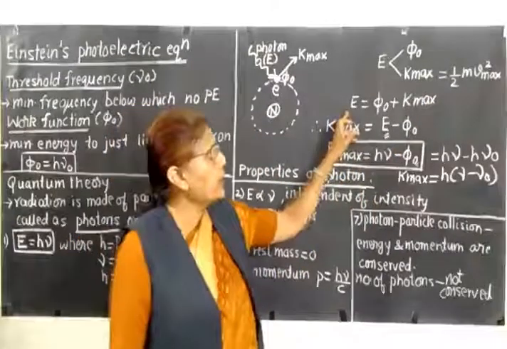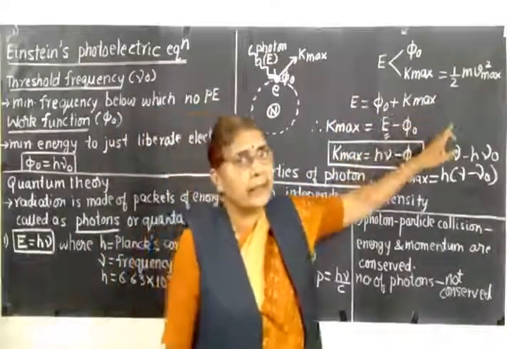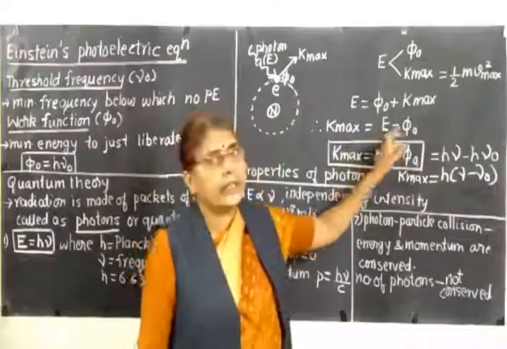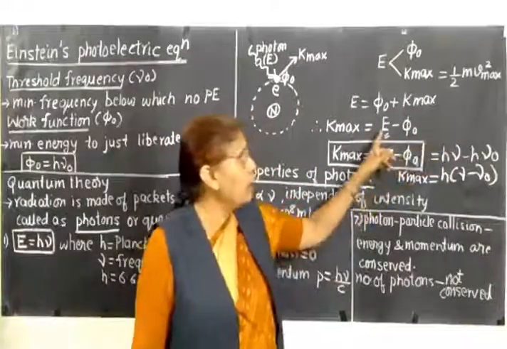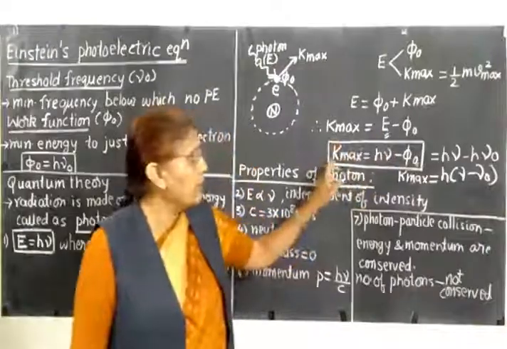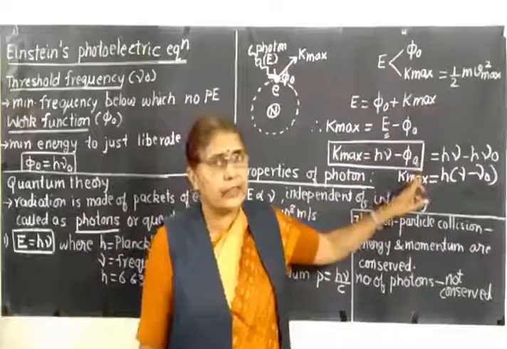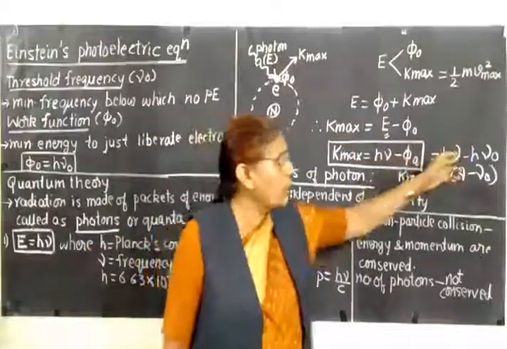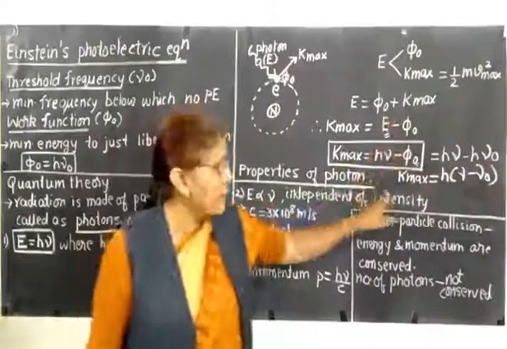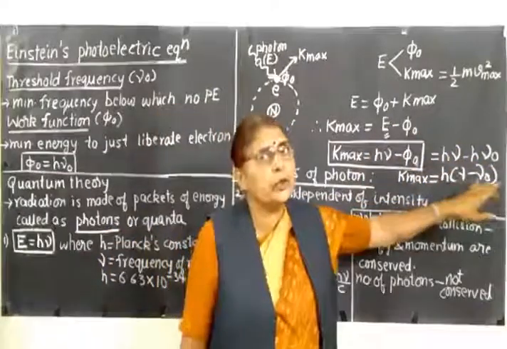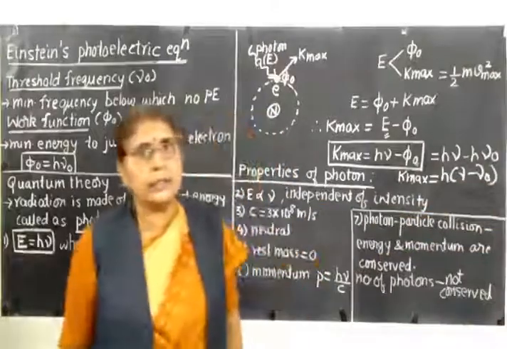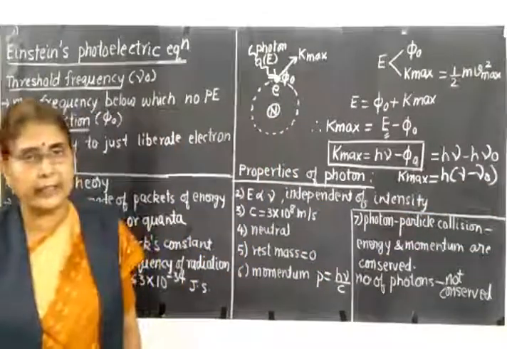So we have a relation E equals phi 0 plus Kmax, or Kmax equals E minus phi 0. If you put the value of E as h nu, you will have Kmax equals h nu minus phi 0. And if you put the value of phi 0 as h nu 0, you can write Kmax equals h into bracket nu minus nu 0. So this is about Einstein's photoelectric equation.